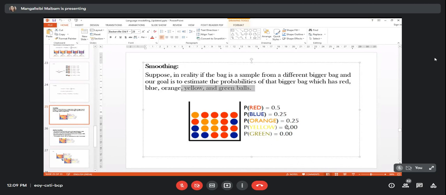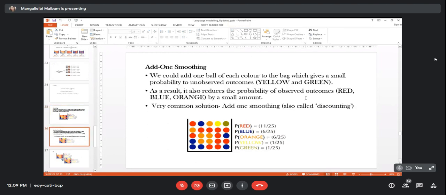That's why we will add 1. So that is add-1 smoothing. You can see here we could add one ball of each color to the bag, which gives a small probability to the unobserved outcomes, yellow and green. So in order to get a small probability, we will be adding one ball of each color.